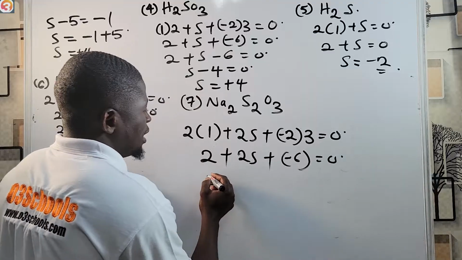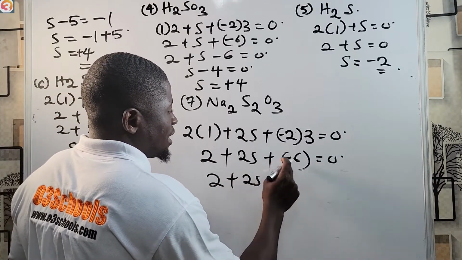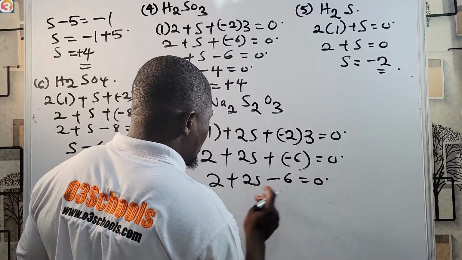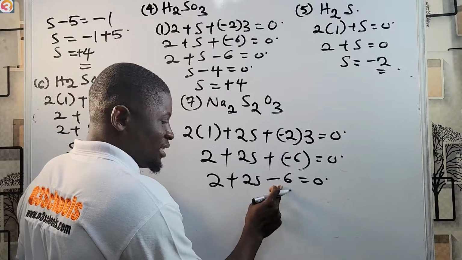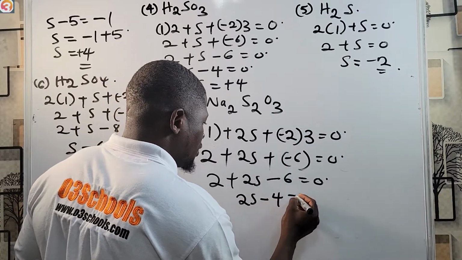So I have 2 plus 2S plus times minus is minus; let's open this bracket: -6 is equal to 0. Now 2 minus 6 is -4, so I have 2S minus 4 is equal to 0.